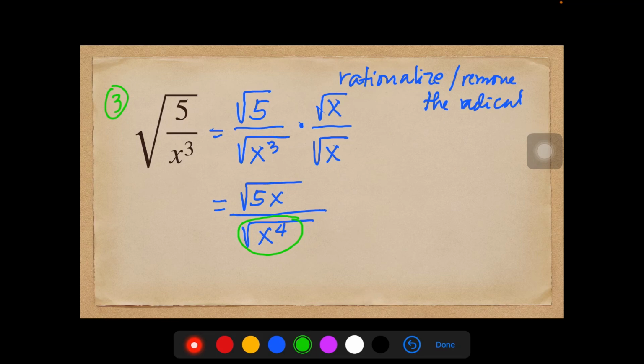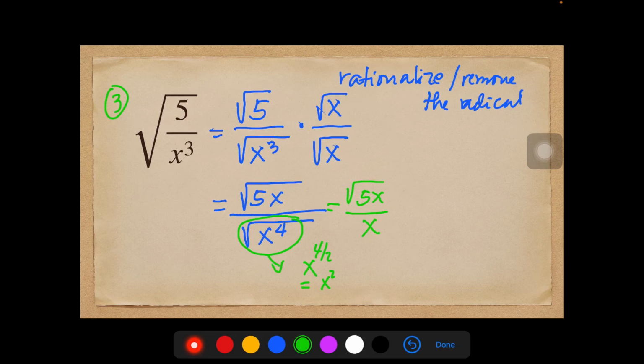Alright, so how? We again apply removing the perfect nth power and reducing the index into the lowest possible order. So we have square root of 5x over, take note of this one, if you're going to compute, x raised to 4 over 2, equivalent to x to the second power.